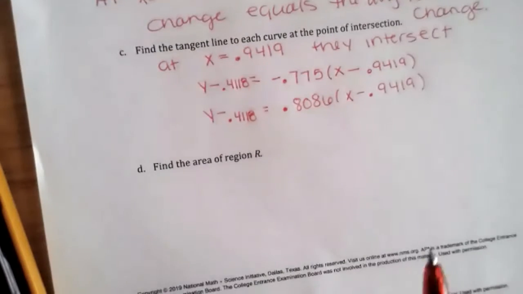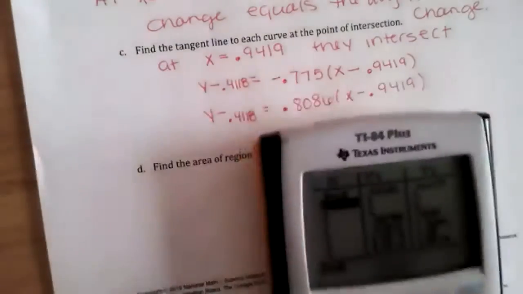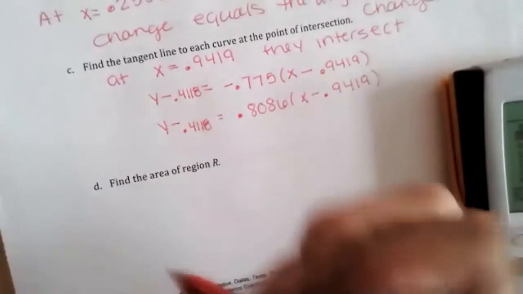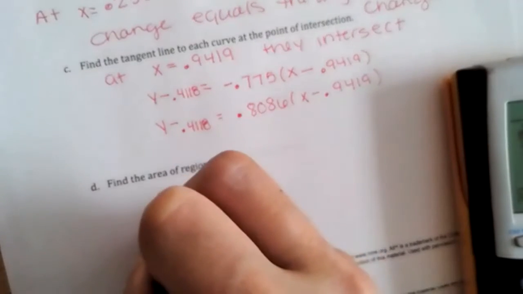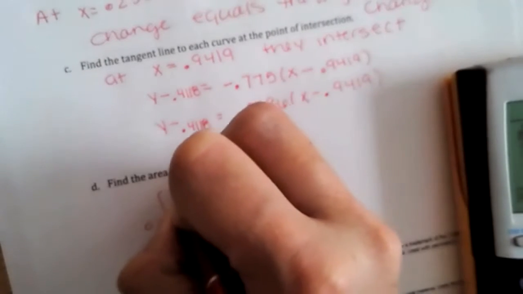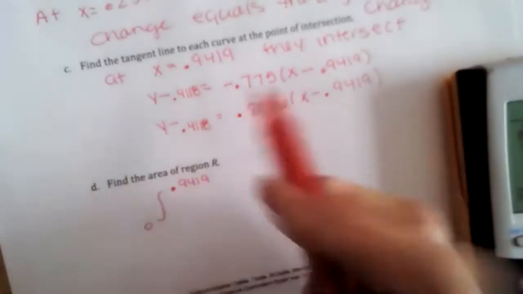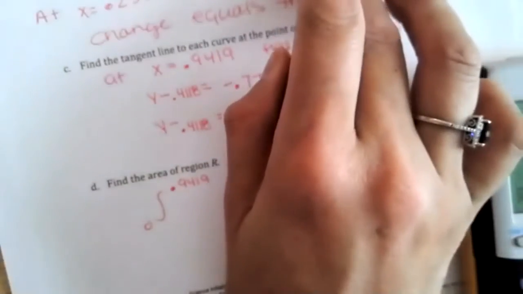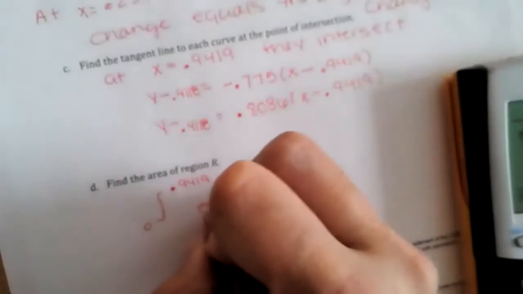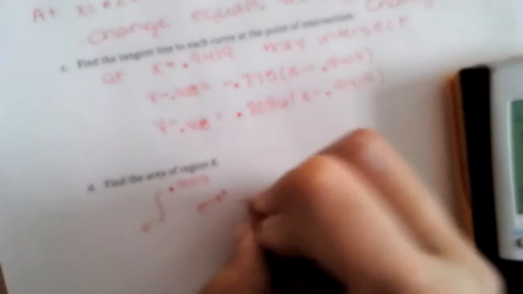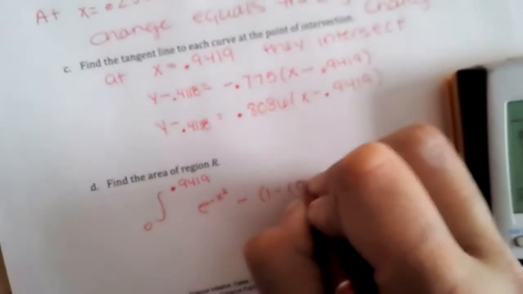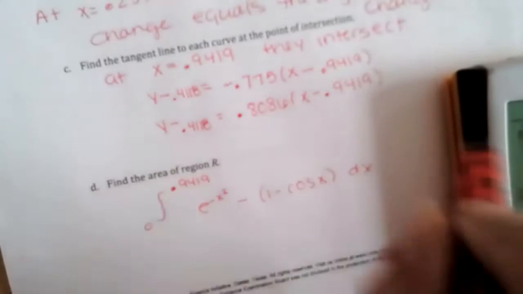And then the last part is find the area of that region. So to find the area of the region, we're going to do top minus bottom to that point of intersection. So it's 0 to 0.9419. The top equation, which is e to the negative x squared, minus the bottom, which is 1 minus cosine x dx.